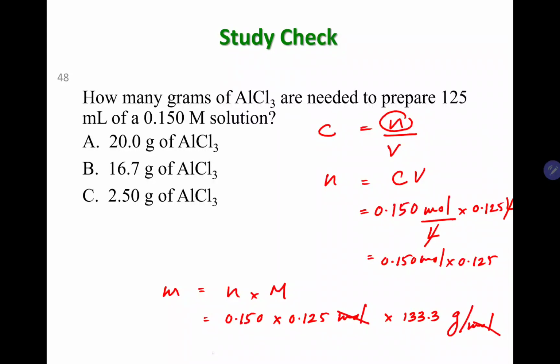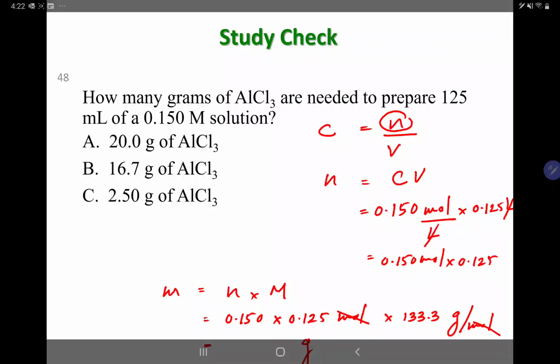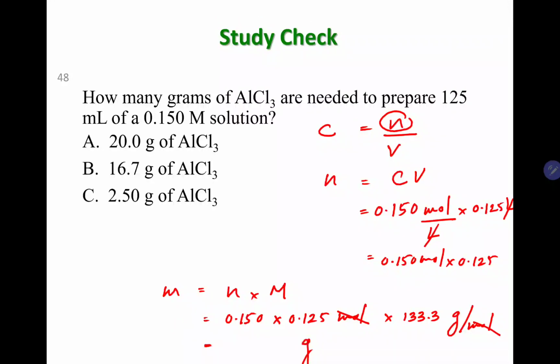Moles to moles will cancel out and your answer will be in grams. If you plug in the numbers correctly, it will be 2.5 grams, which is the answer C.